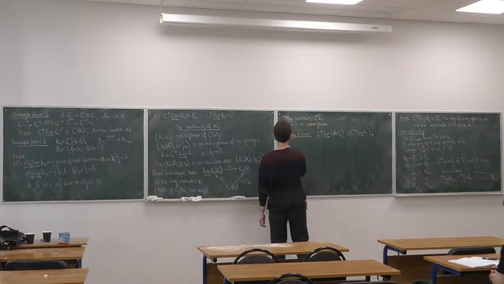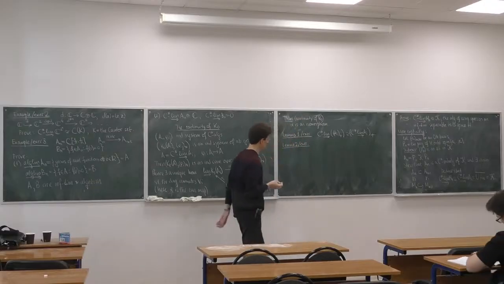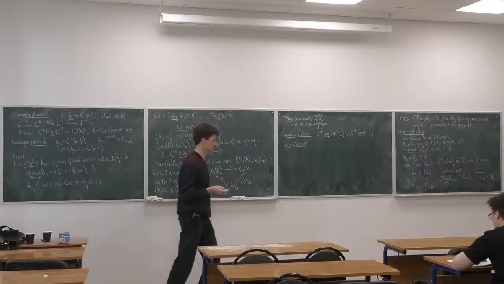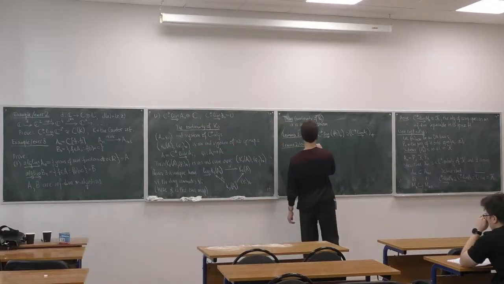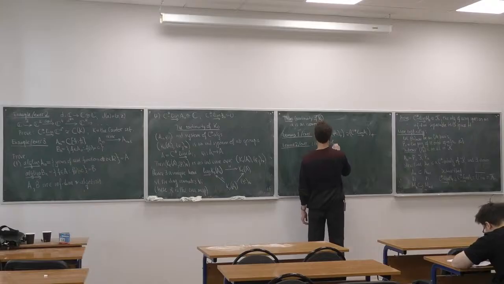Lemma 2, which is also a simple algebraic exercise. Actually, this is a very well-known property of the inductive limit. The inductive limit, say in the category of abelian groups, is an exact functor. This is the exactness of the inductive limit.